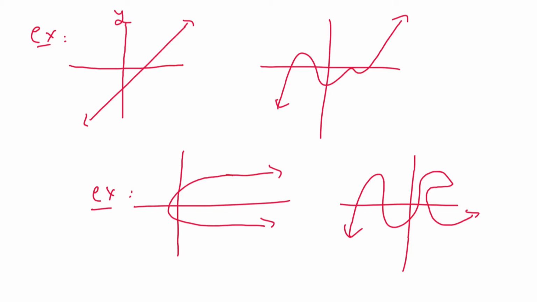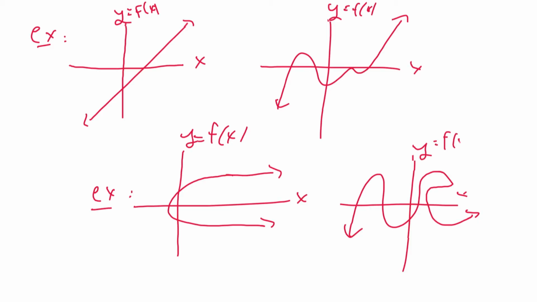Okay, so for all of these, I'm plotting on the Cartesian plane, the output on the y-axis and the input on the x-axis. So for each of them, I'll just run the vertical line test and see if it's a function.